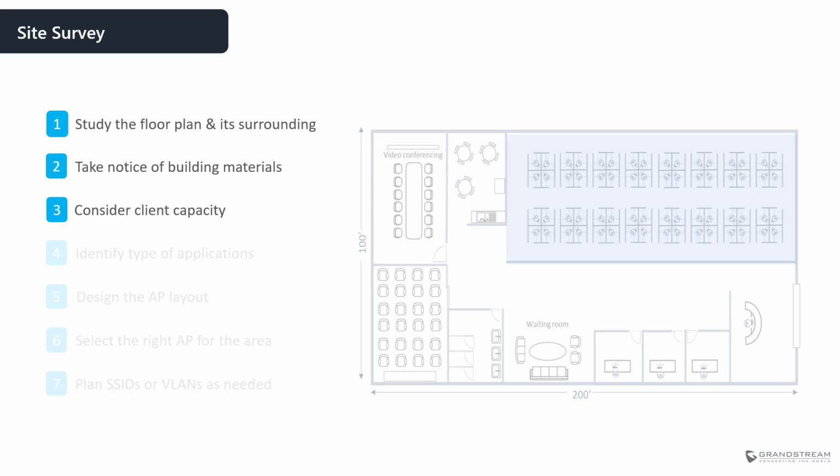So that tells us that this area is a high density area that will require 2 or more high density access points. Also, identifying the type of applications and the wireless devices is crucial to estimate the amount of bandwidth required and whether QoS for such applications is needed.